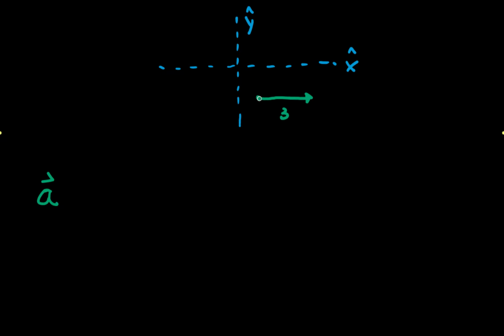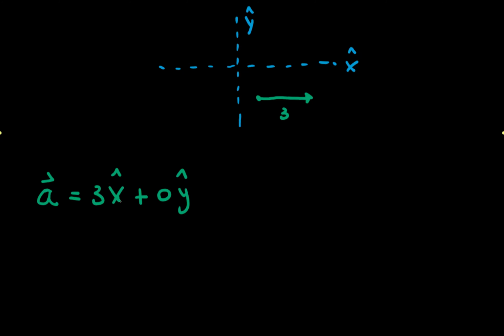So here you can clearly see it's an arrow. It's 3 units long, and it points to the x direction. And the way you write this algebraically is 3x̂ plus 0ŷ.